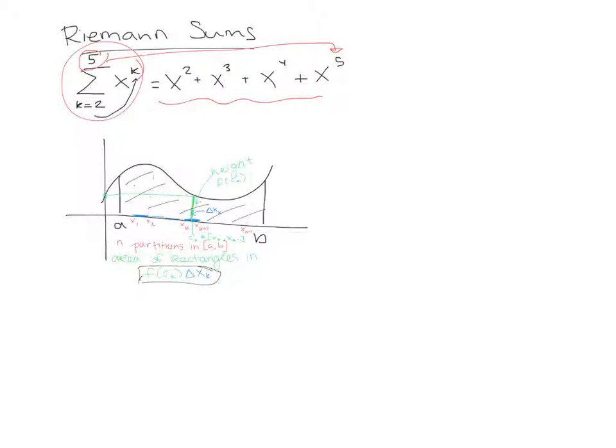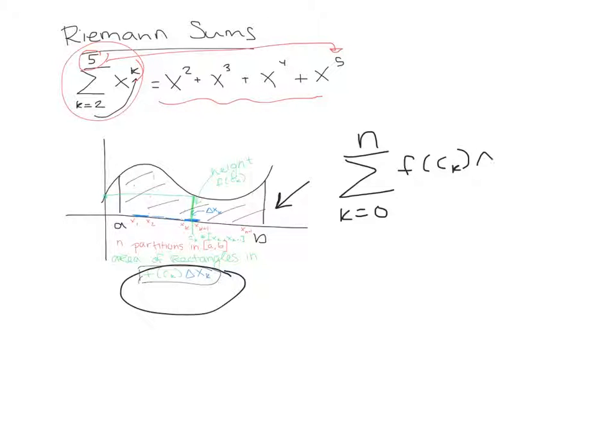So I could say then that the area under this curve can be approximated by the sum from k equals 0 to n, if I had n partitions, of the area of each rectangle, and I know my area of each rectangle is this formula. So f of c sub k times delta x sub k.